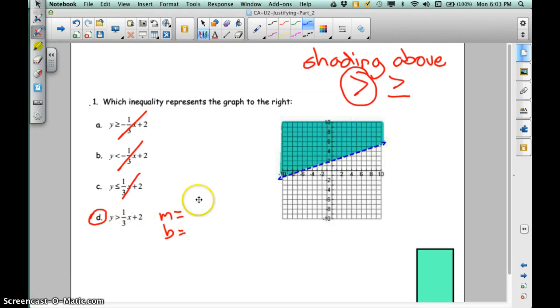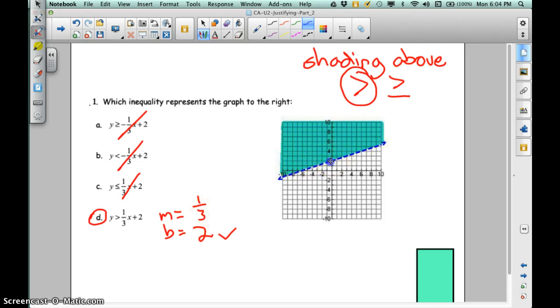In this case, slope is 1/3, and the y-intercept is 2. So I need to make sure that my line has that slope and y-intercept. I can see a y-intercept of 2, so that's great. And I have to check slope. This slope says that from any point on the line, I need to go up 1 and right 3.